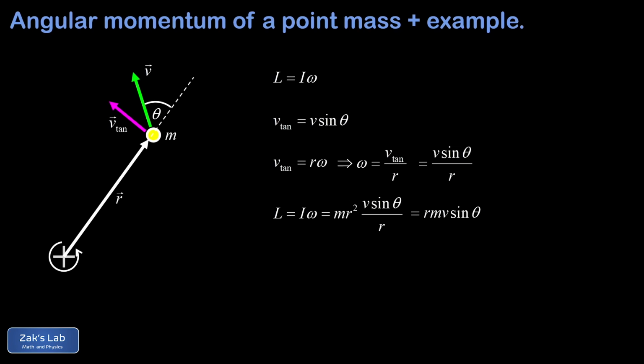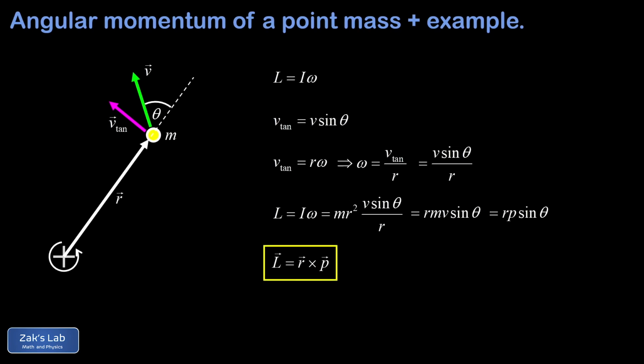The reason I wrote it in that order is just to recognize that mv, well, we have a name for that. That's the momentum of this particle. So we could just write this as r times p times sine theta, where p is the momentum, mv. Now we can formally include direction in this statement by framing it as a cross product. So we can write that the angular momentum vector is given by the position vector crossed into the momentum vector.